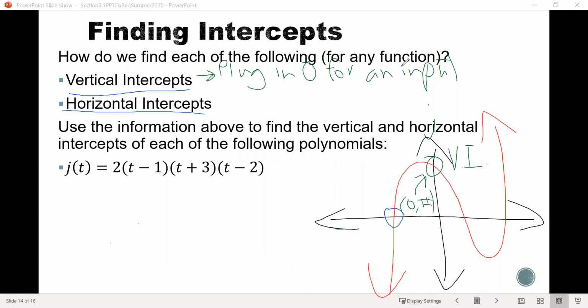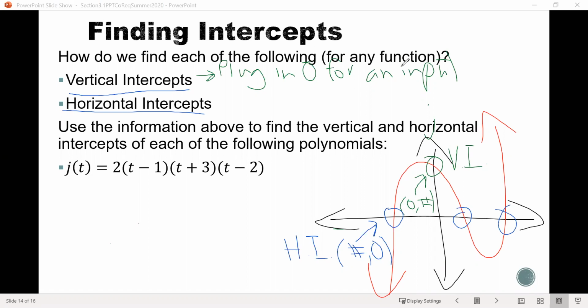For example, this point and this point here on this function are all examples of horizontal intercepts. Recall that the coordinates of a horizontal intercept are always a number, 0. That's true of any point along the horizontal axis. You always have an input value and the output value will always be 0.